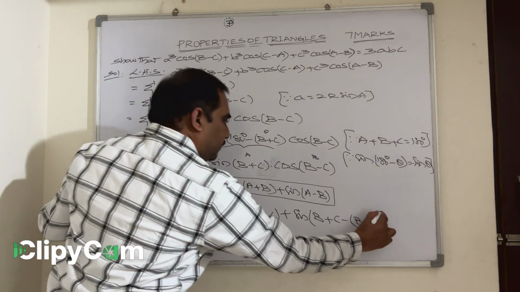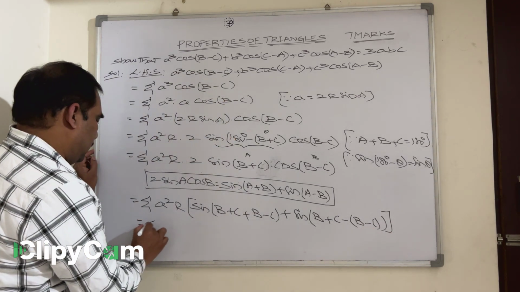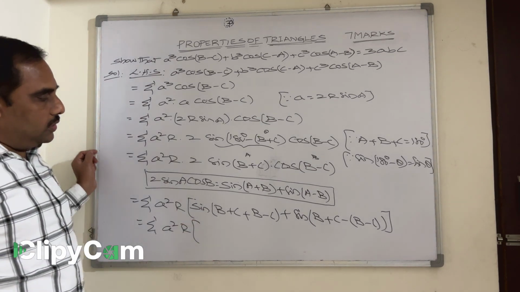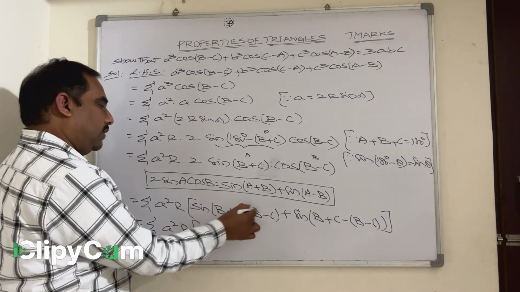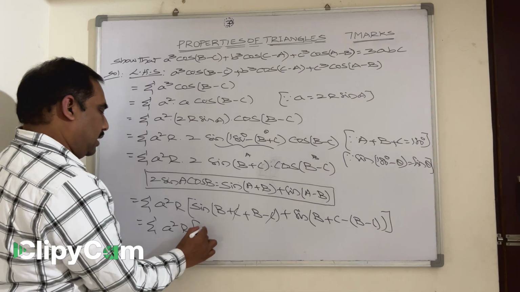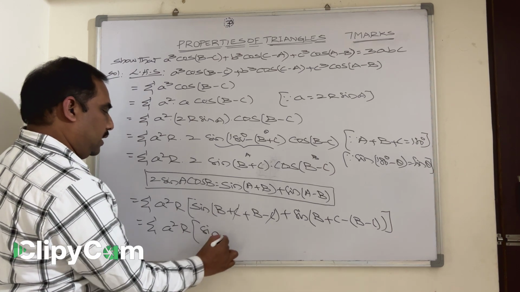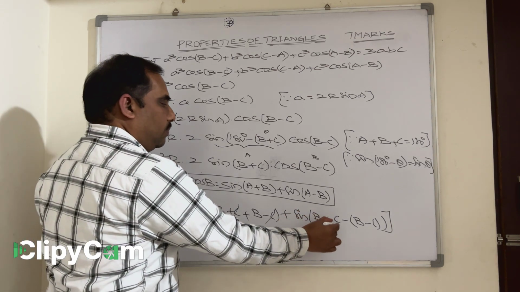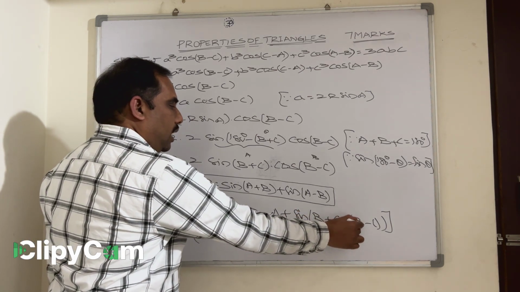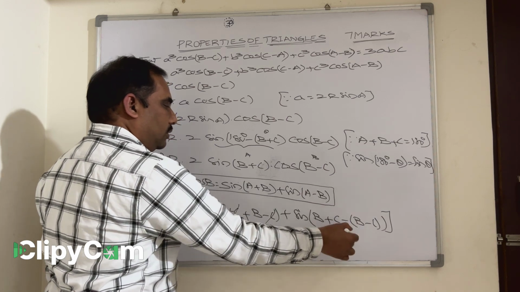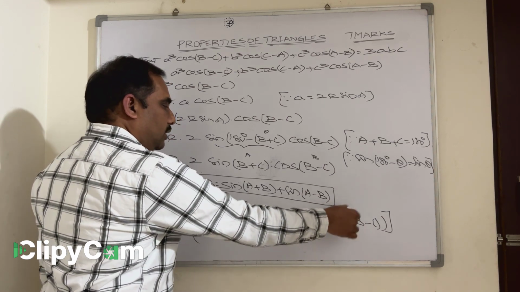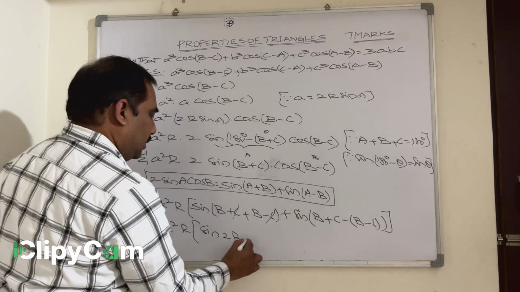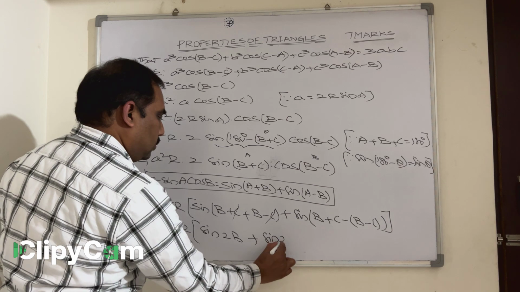Now further it becomes sigma a square r into, here observe that the c gets cancelled, and we get sine(b plus b), which is sine 2b. And for b plus c minus (b minus c), the plus b minus b gets cancelled, we get c plus c, so it becomes sine 2c.